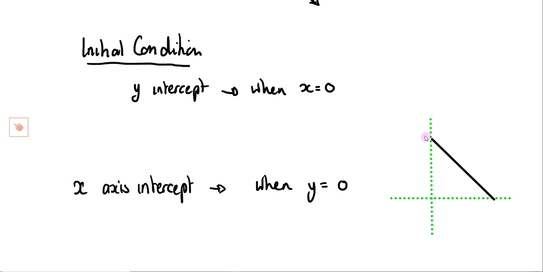So this could be our percentage of charge when we start measuring, and it's dropping. So our x-axis intercept is how long it takes to get to zero charge. All right, so that would be the time. So my y-axis intercept would be the initial condition. That's how much charge we start with.